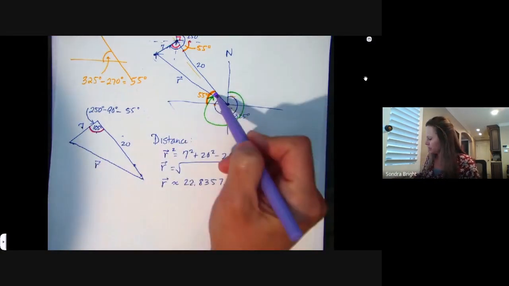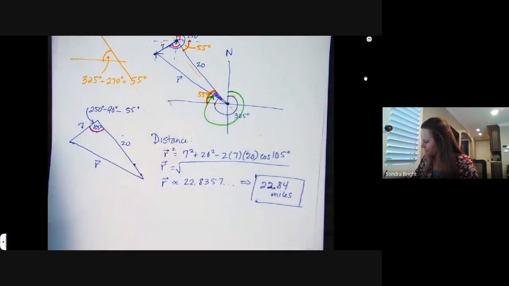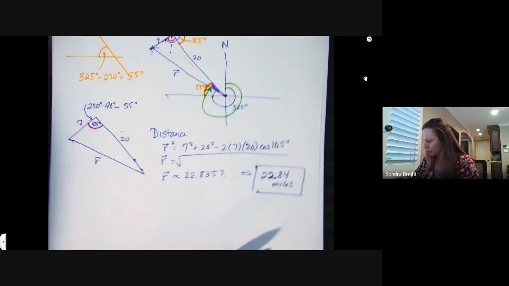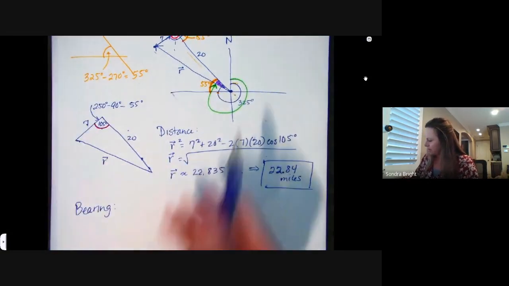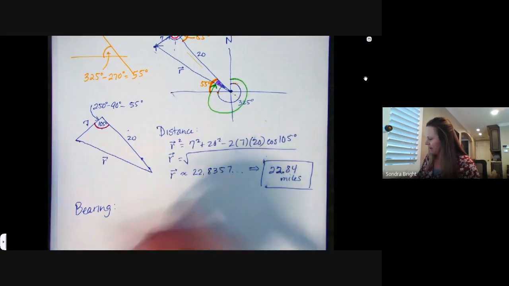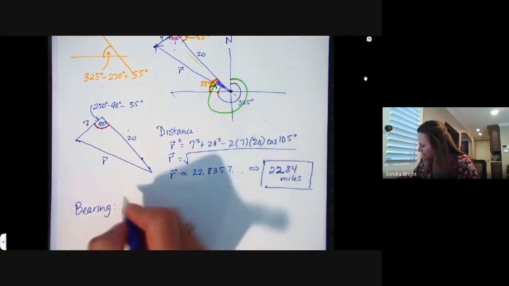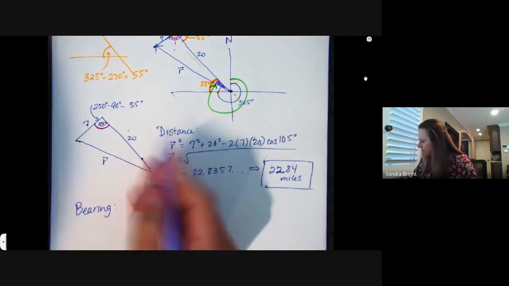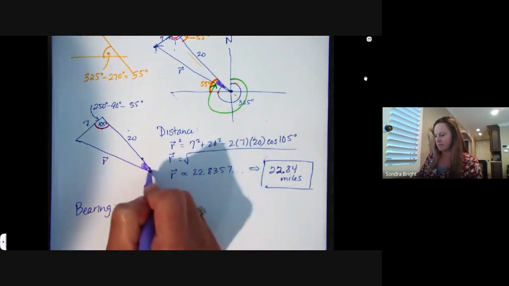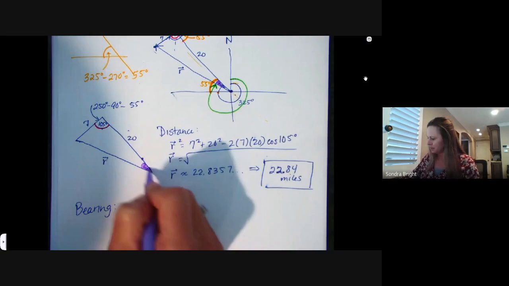So we're going to do this in 2 steps. First of all, to find the bearing, I'm first going to find the purple angle, right? And so I'll call that theta. That's this angle right there. Okay, this purple matches that purple there.